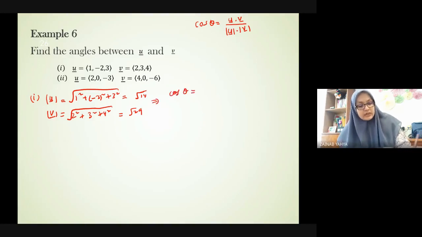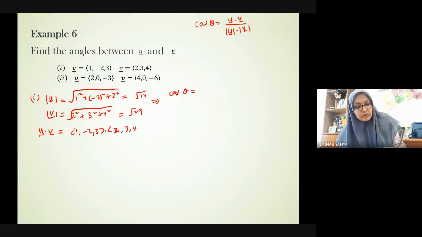So cos theta equals, you need to perform the dot product first. We do the dot product first. U dot V equals 1, 2, 3 dot product with 2, 3, 4.